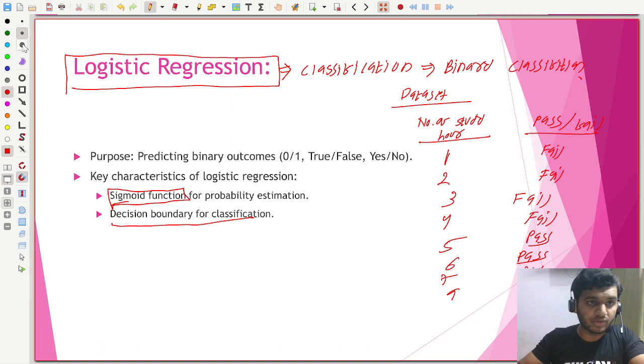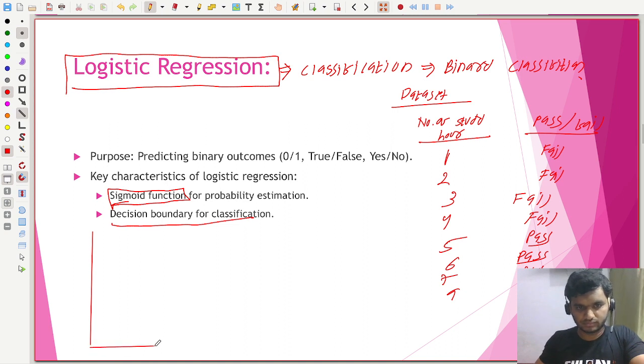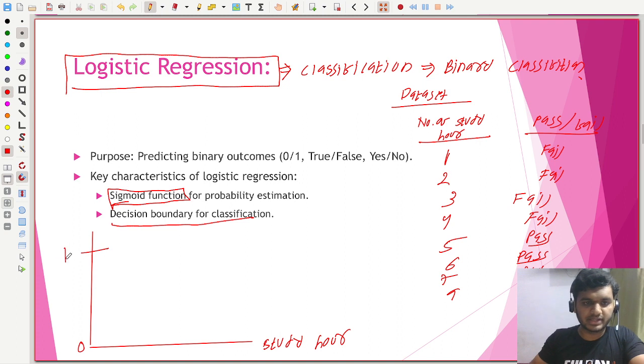If you draw the regression line, the line will be like this. So it is your study hour, and if fail that is 0, if pass that is 1.